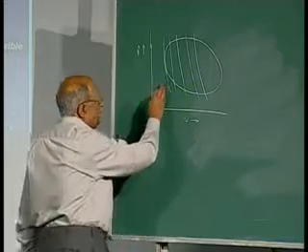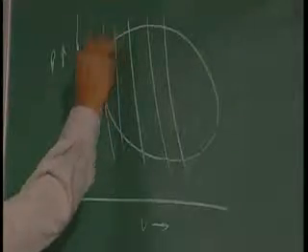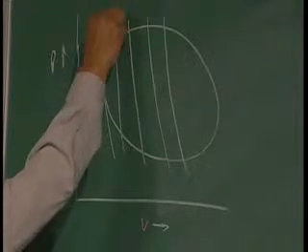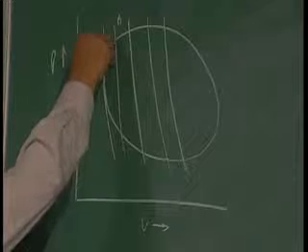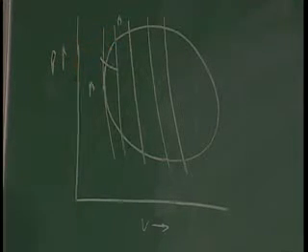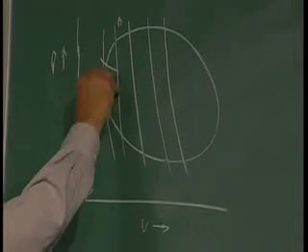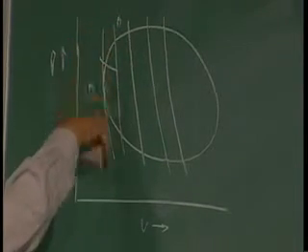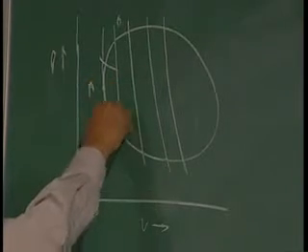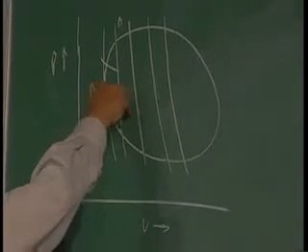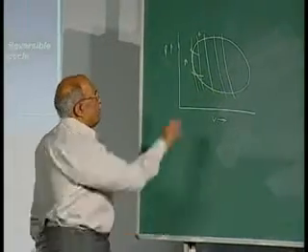This cycle could be replaced by, say, the process from point A to B replaced by two reversible adiabatics and a reversible isotherm, as we have already proved. Similarly, this reversible process is also replaced by these two adiabatics and another isotherm.